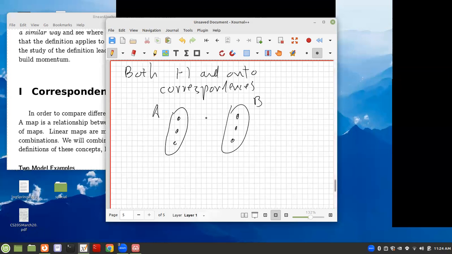You have an arrow coming out from each of these, and since it's onto, since you only have 3 elements here, you have to have the same number here, and you can't bunch up. So this one is one-to-one and onto, because every element of the codomain has an arrow pointing towards it, and no element has two of them. Okay, that's the story on one-to-one and onto maps.